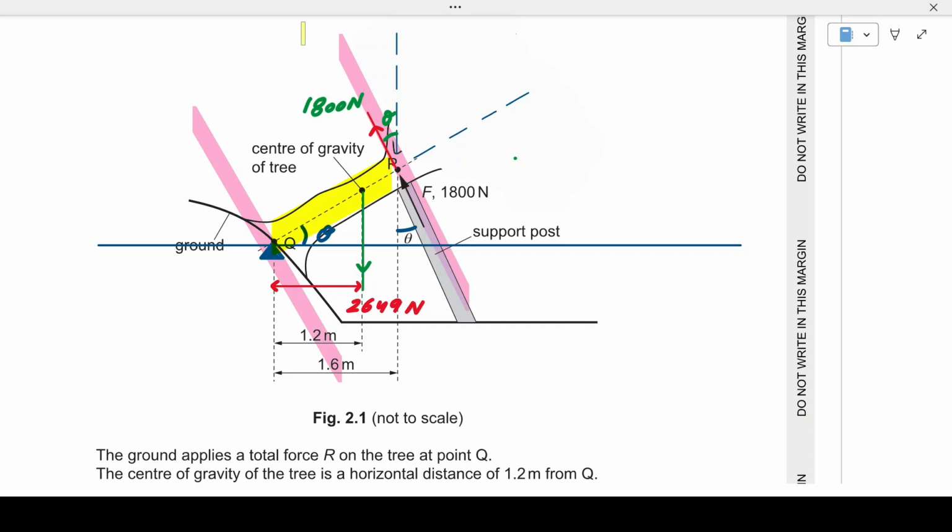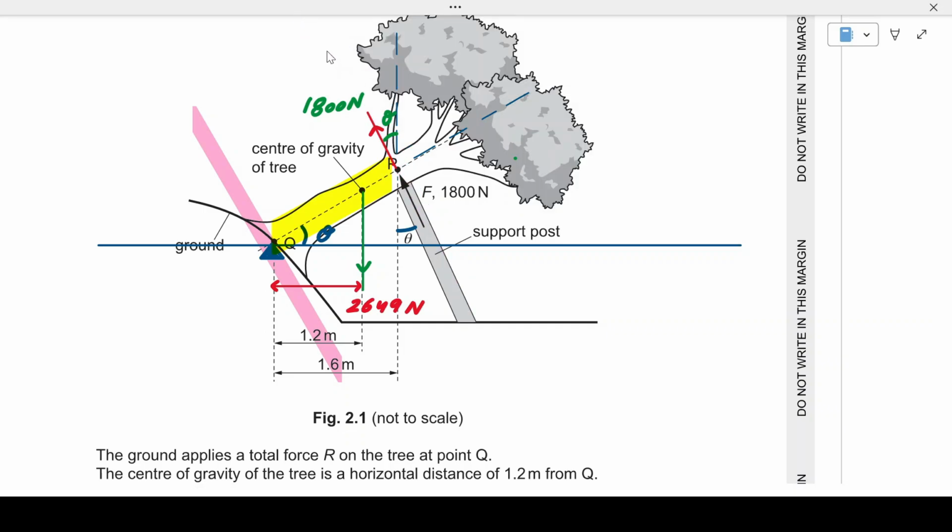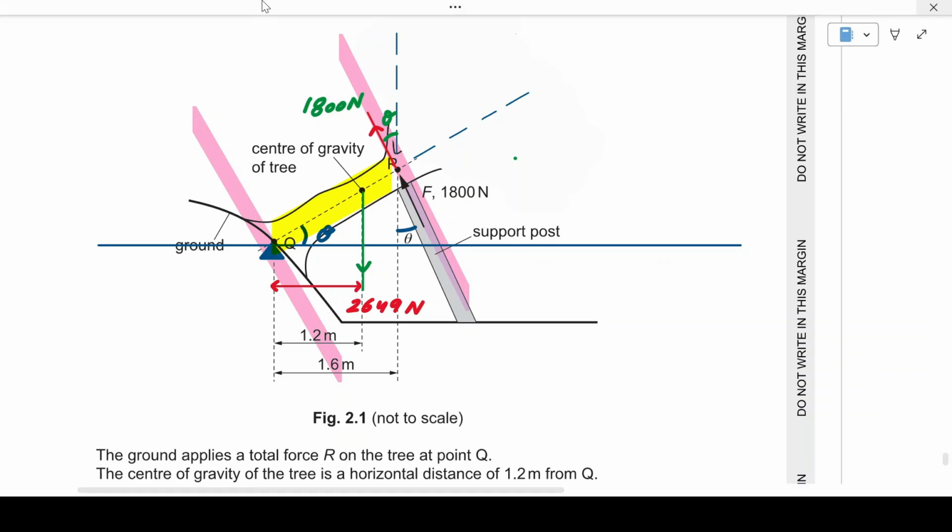This distance needs to be found out. So what can be done? Let's consider this angle. That's why I drew this one, angle theta. Consider this triangle. Just try to visualize this thing.